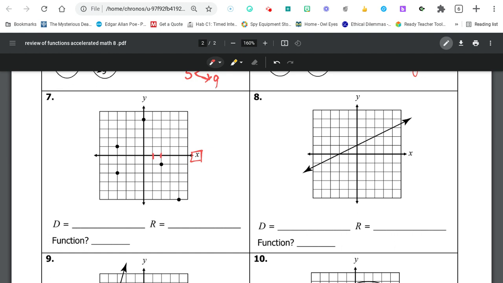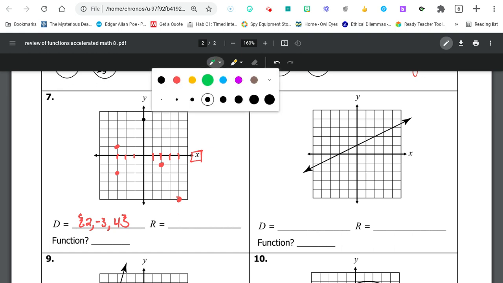So this dot right here has an x of 2. This dot right here has an x of -3. This dot right here also has an x of -3. And this dot right here has an x of 1, 2, 3, 4. You can just do it that way.